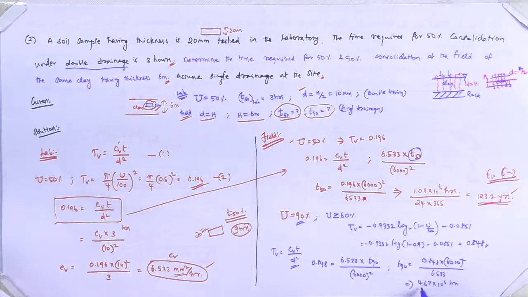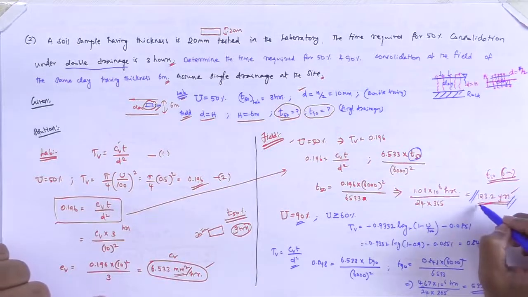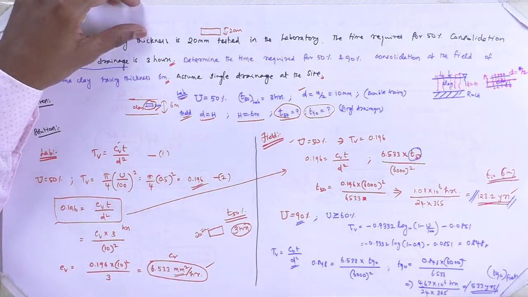To get this in years, a day has 24 hours and a year has 365 days, giving 533 years. So comparing, 50% consolidation will take 123.2 years, whereas 90% consolidation T90 in the field will take 533 years.